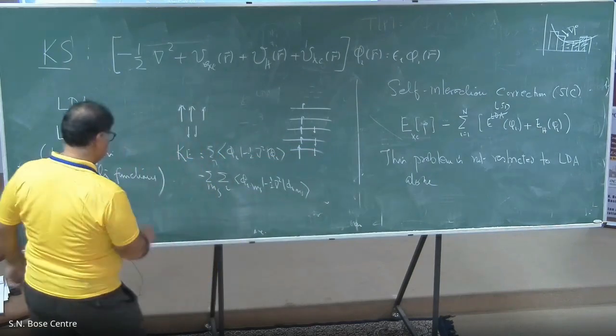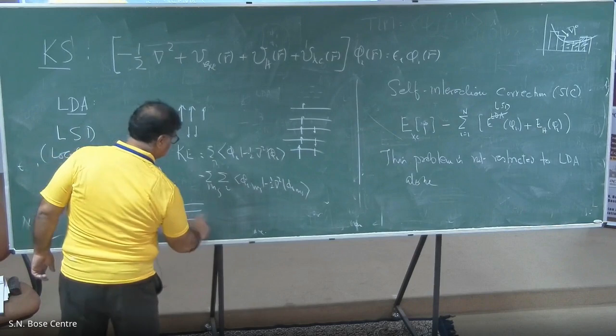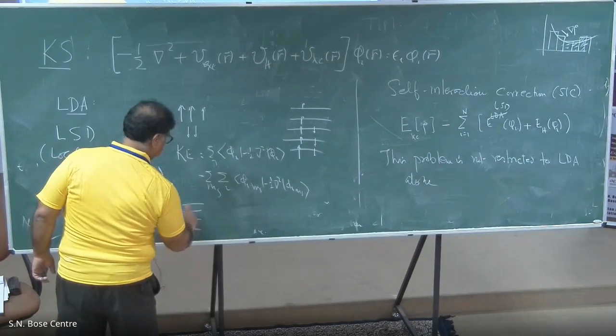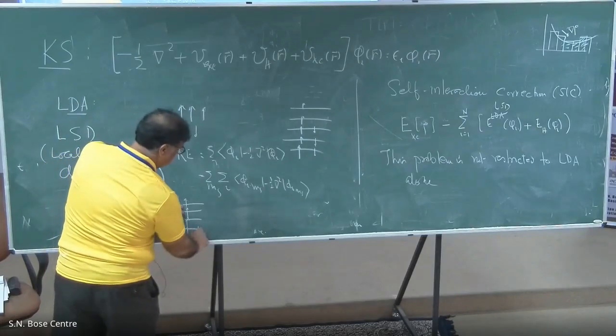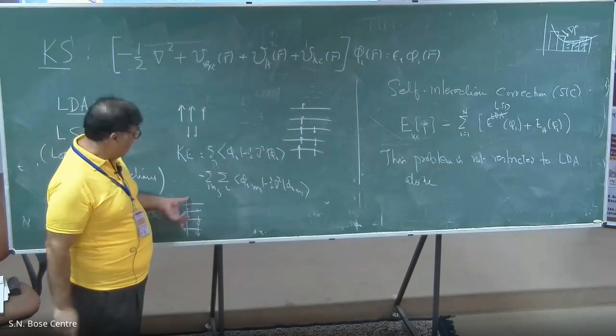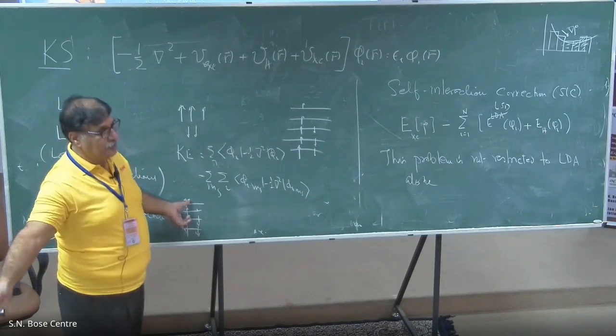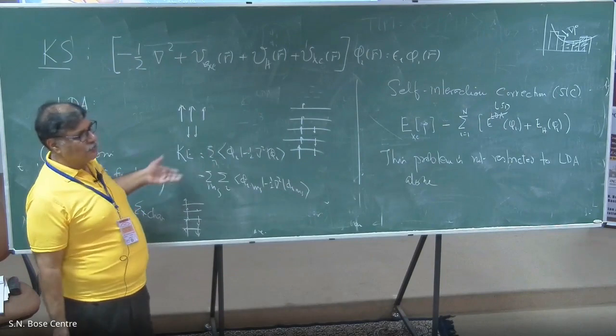Similarly, exchange is also spin dependent, because one term is for up spin and one term is for down spin. That expression that I worked out, you can write for up spin plus the down spin. For both, you make the functional.